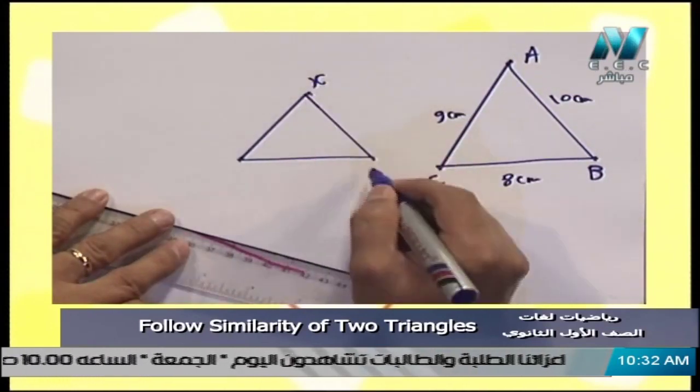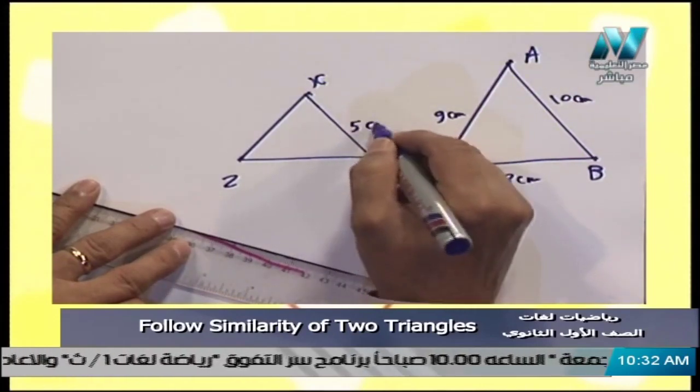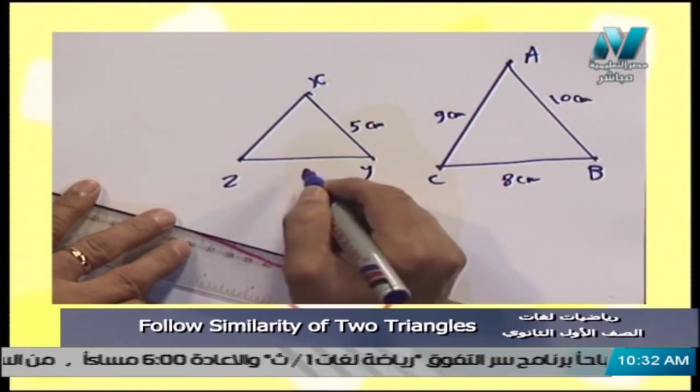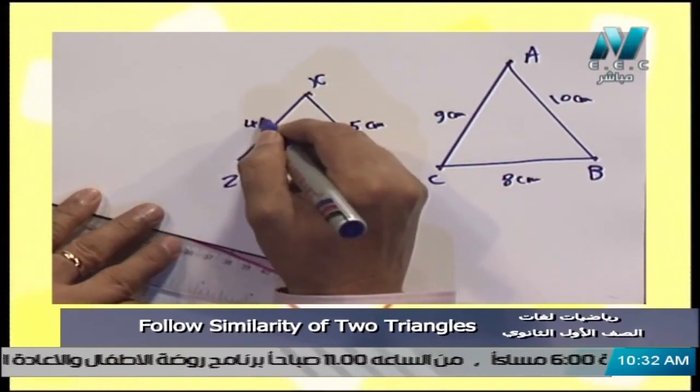And this triangle XYZ, XY is 5 centimeters, ZY is 4 centimeters, and XZ is 4.5 centimeters.